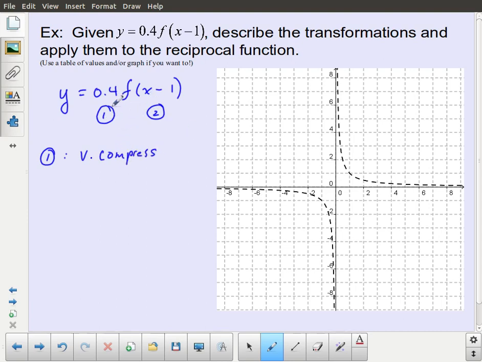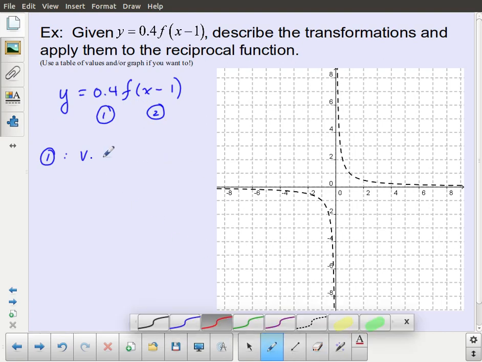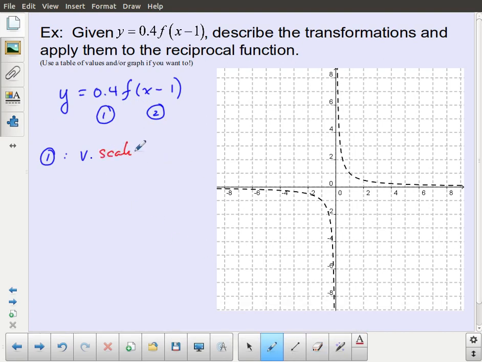Now there's a couple of ways to say this, and unfortunately there's some inconsistency in the way that various textbooks, and I'm sure even various teachers, represent this. So I'm going to backtrack a little bit. Before I call this a vertical compression, I'm going to say this is a vertical scaling by 0.4, or you could call that 4 over 10, which is the same as 2 over 5.